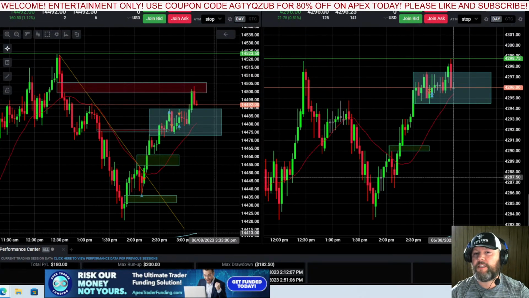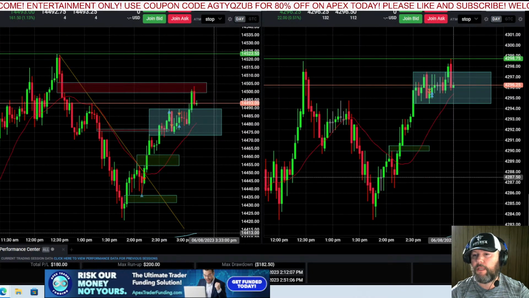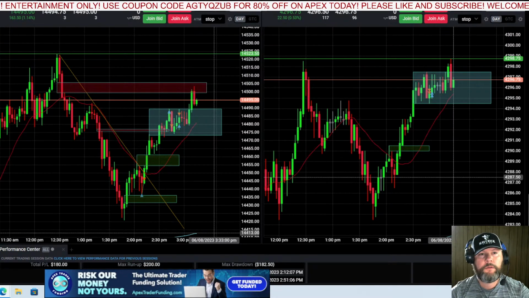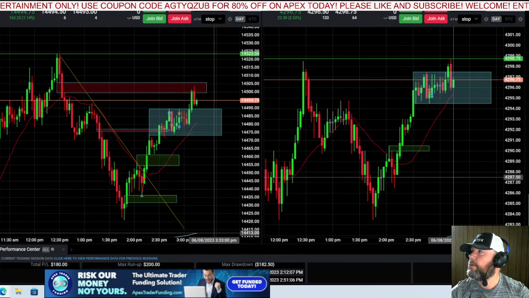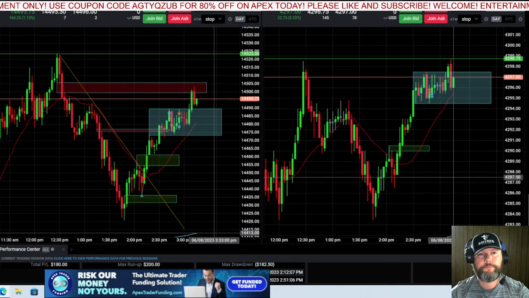Already kind of got a displacement on the ES on the 1 minute chart. Really like to see it break that 94, 93 level for a market structure shift there to the downside. This could just be a quick retracement, small pullback before it heads higher though.